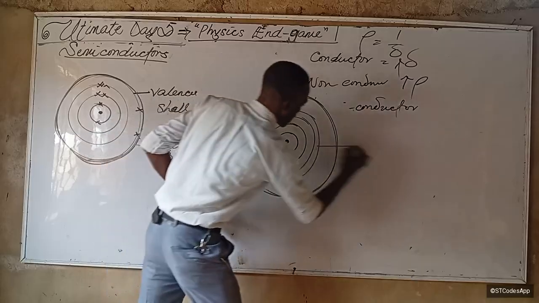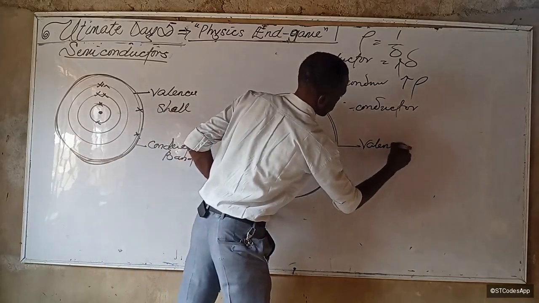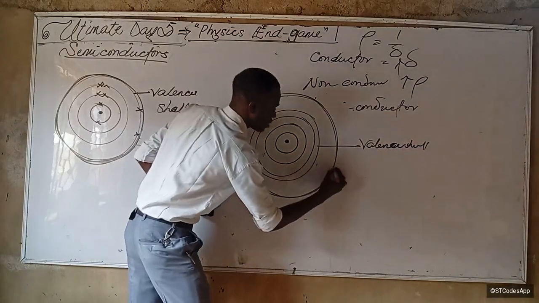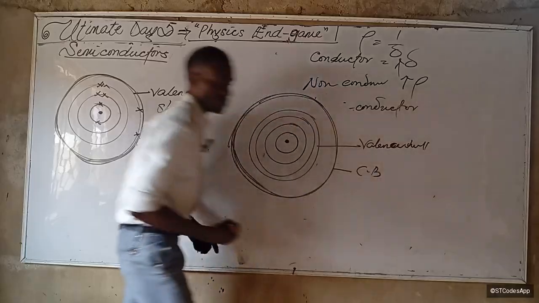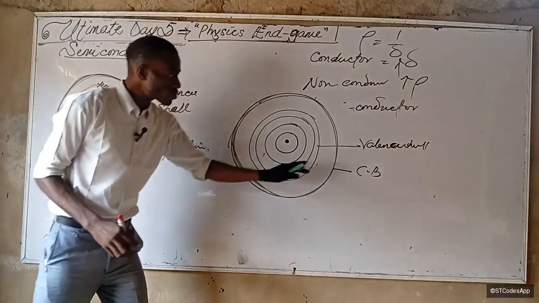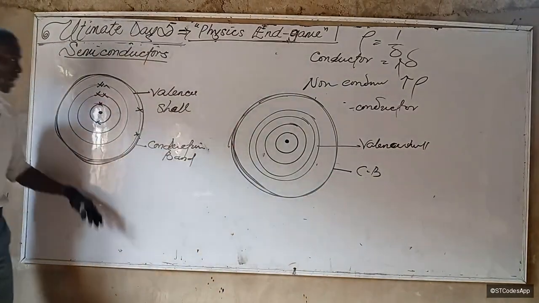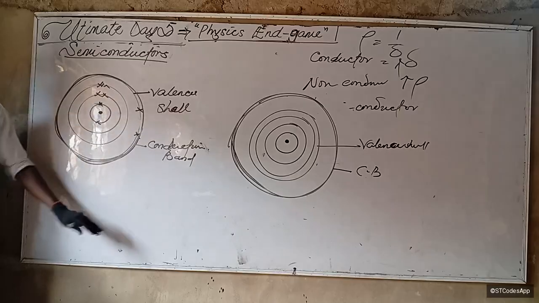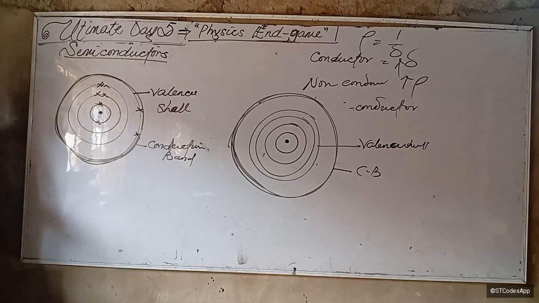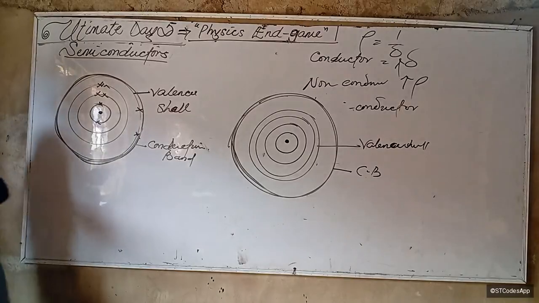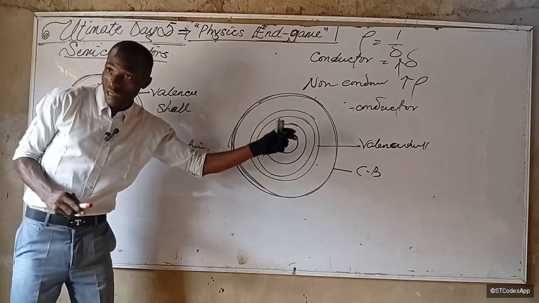Look at the valence shell and look at the conduction band. What's the difference between the valence shell and the conduction band for a non-conductor, and for a conductor? The distance, right? The distance is higher in the non-conductor. Is that okay?